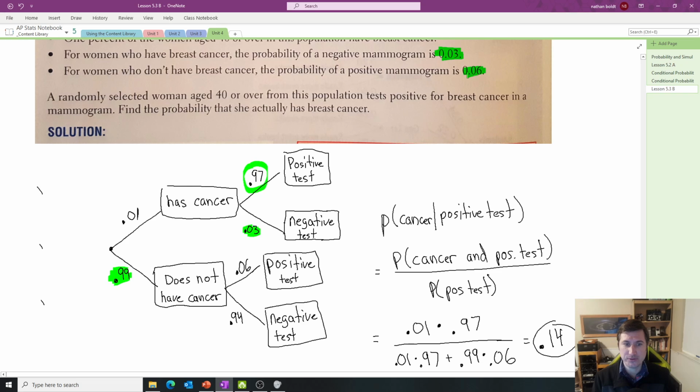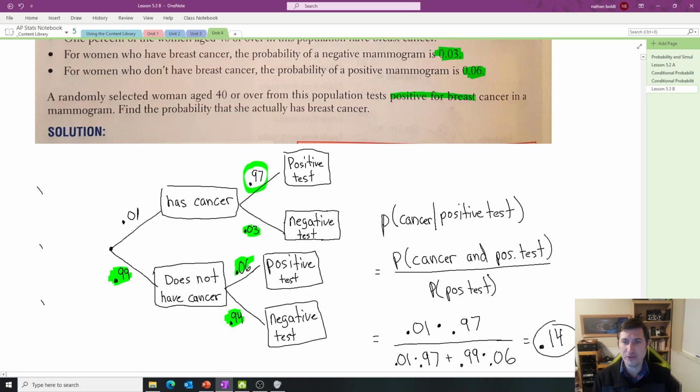So 6% who don't have breast cancer get a positive result. So that means 94% who do not have cancer get a negative result. So they asked for the probability that somebody is testing positive.